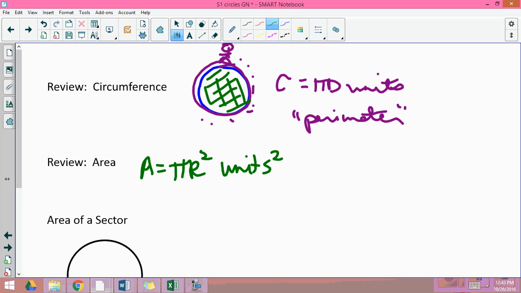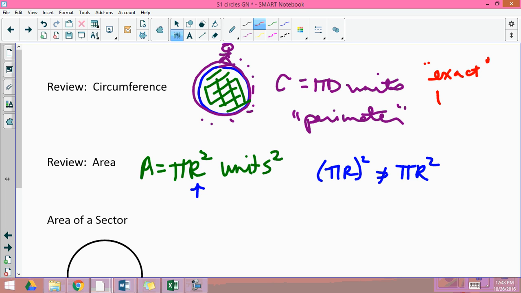The biggest thing here is remembering your order of operations, and only the radius gets squared, not the pi. This is not the same as this, so be very careful with your calculators. In fact, most of the time we are going to talk about exact answers, and what we mean there is to leave pi in your answer.